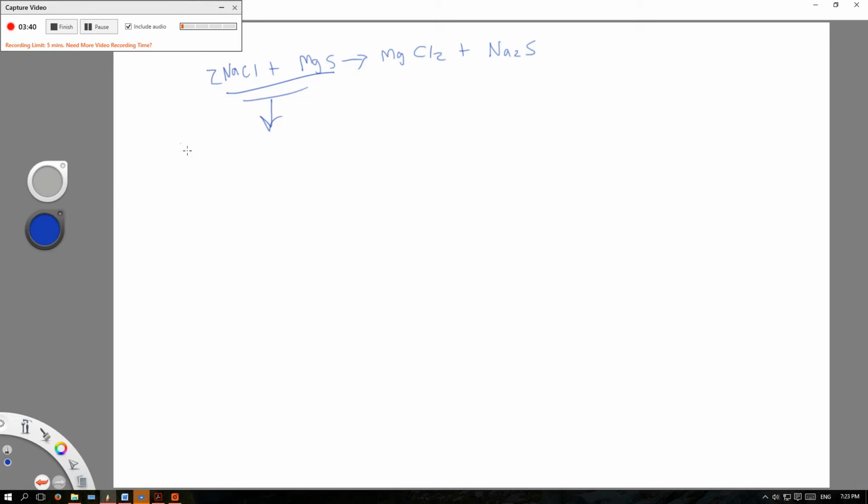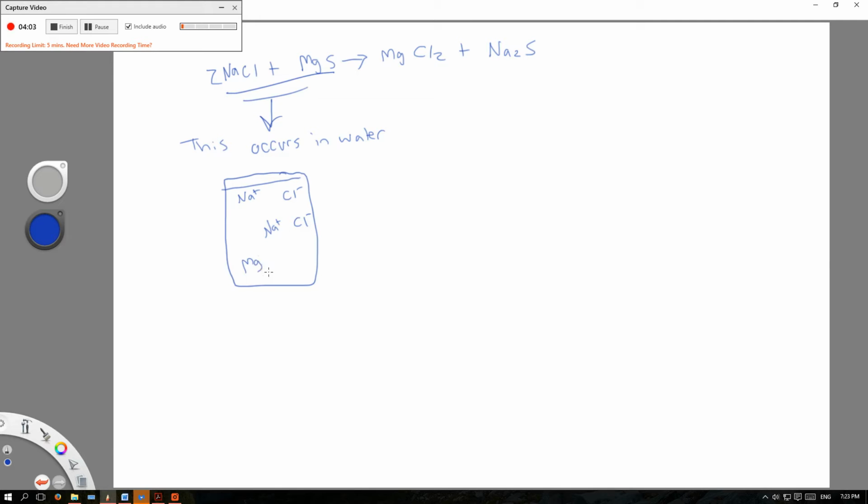So, this occurs in water, right? So, NaCl, remember, in water is going to break up into some pieces.